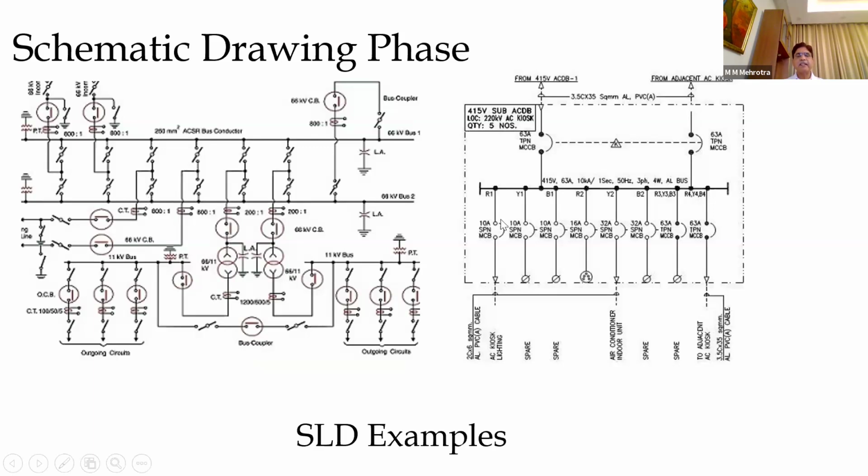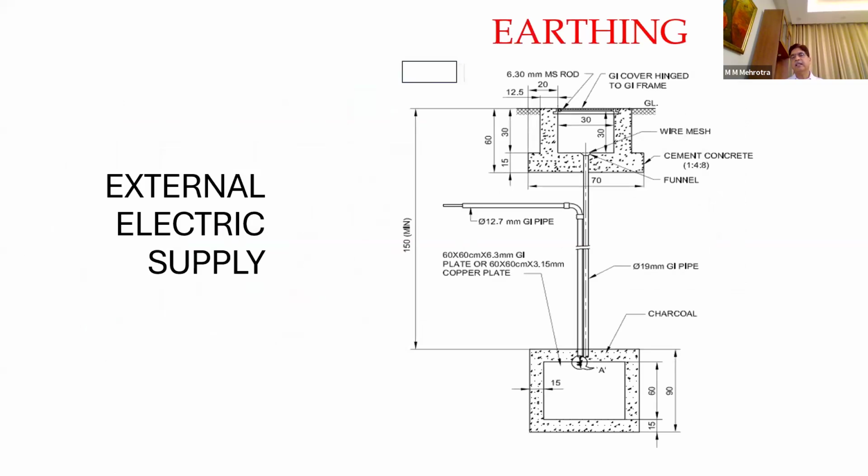Now you must have seen that distribution board. That equivalent is here. Here the supply is coming. This is the phase. This is the circuit breaker going to different rooms. Now each circuit has got different types of loads. Next is earthing.